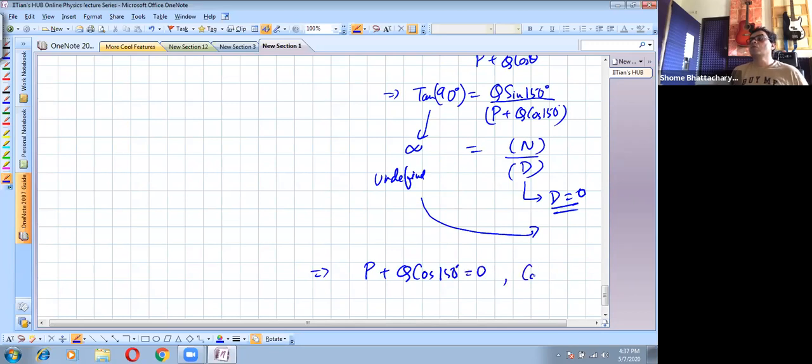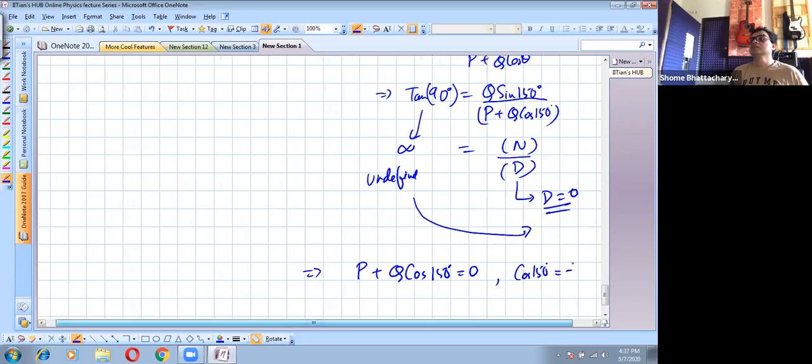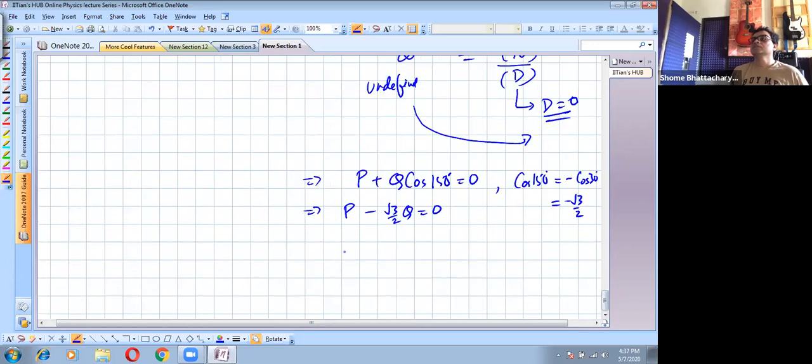Now cos 150 is minus cos 30, which is minus root 3 by 2. So P minus root 3 by 2 Q is 0, and your answer should become P is to Q is equal to root 3 is to 2.